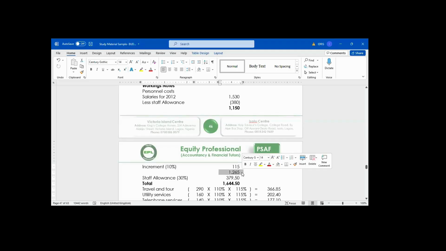Now, what is the staff allowance for 2013? We were told that staff allowance for 2013 is what? 30% of the salary for 2013. That is the staff allowance.